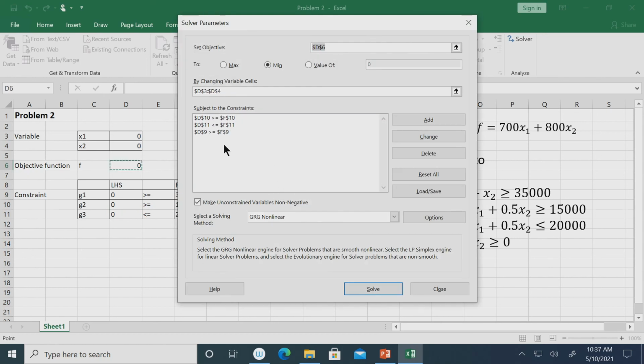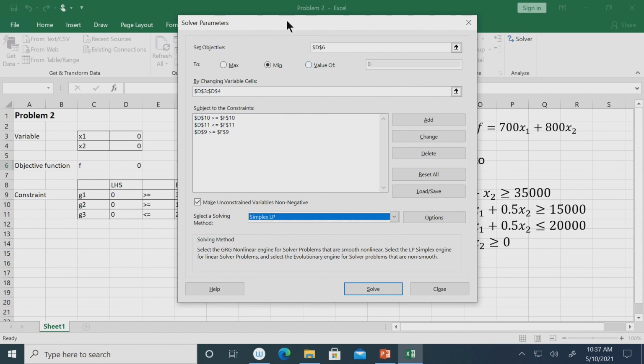You can see I have defined all three constraints here. The first is greater than or equal to type, the second is also greater than or equal to type, and this one is less than or equal to type. Okay. So, now I will use Simplex LP.